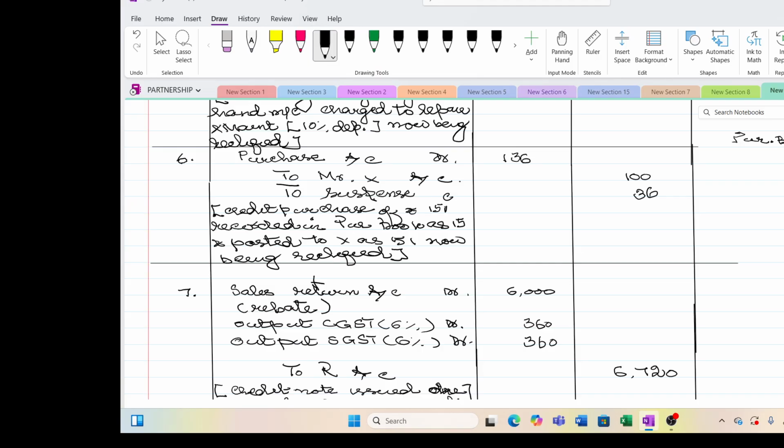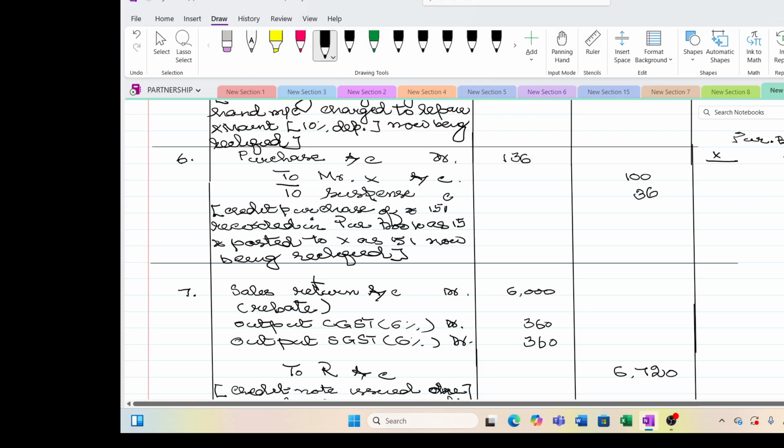So first, for understanding purposes, I am doing it here. X account we will be writing, that is the name of the vendor, supplier from whom the goods were purchased. So goods purchased for 151. When you were writing 151, you forgot to write the 1, so you wrote it as 15.